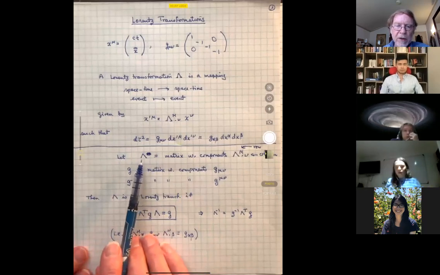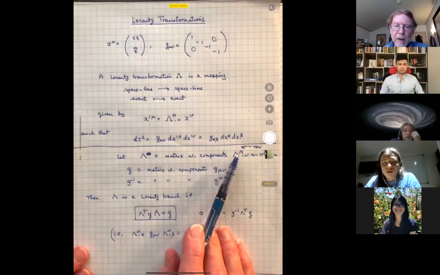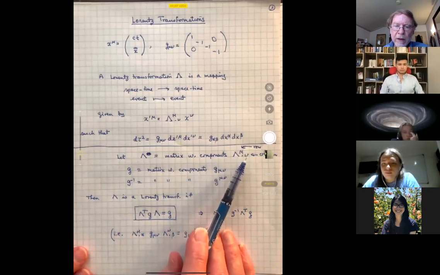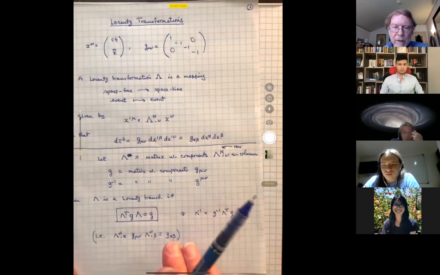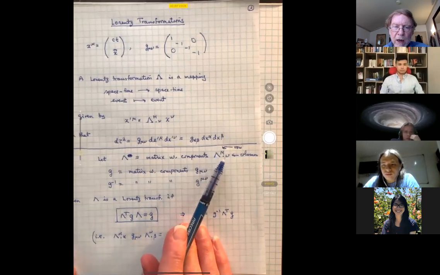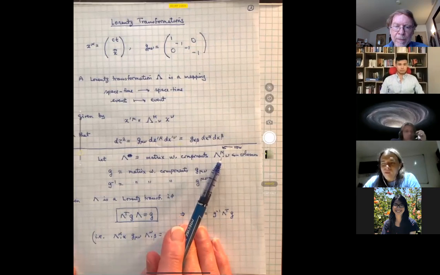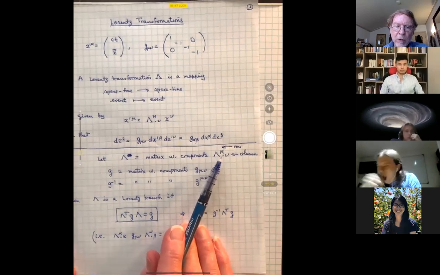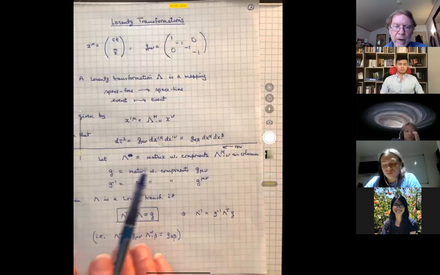We write the matrix lambda as a matrix with components lambda, as you see, mu nu, where mu is an upper or contravariant index and nu is a lower or covariant index. We move it over a little bit so it can be seen a little better. These correspond respectively to the row and the column of the matrix. The little dot is a placeholder, and it just means that the mu has been raised from its lower position, and the first index is the mu and the second index is the nu.